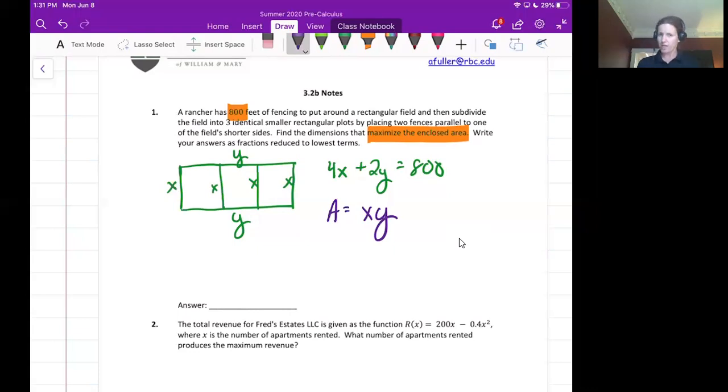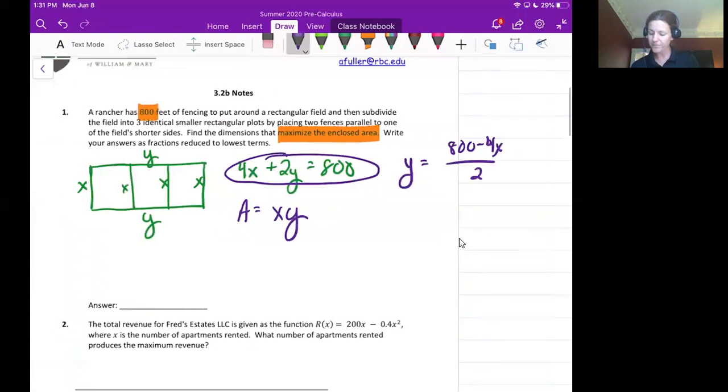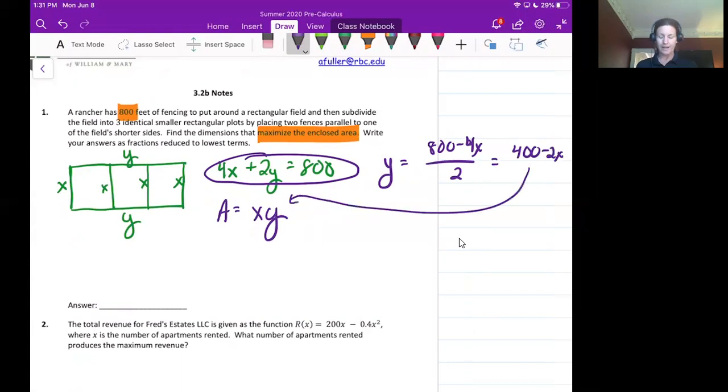Well, we have 2 variables here, but notice we have 2 equations. So we can make a substitution here, and I can solve and get y equals 800 minus 4x over 2, which is 400 minus 2x. And now I can substitute that in for y.